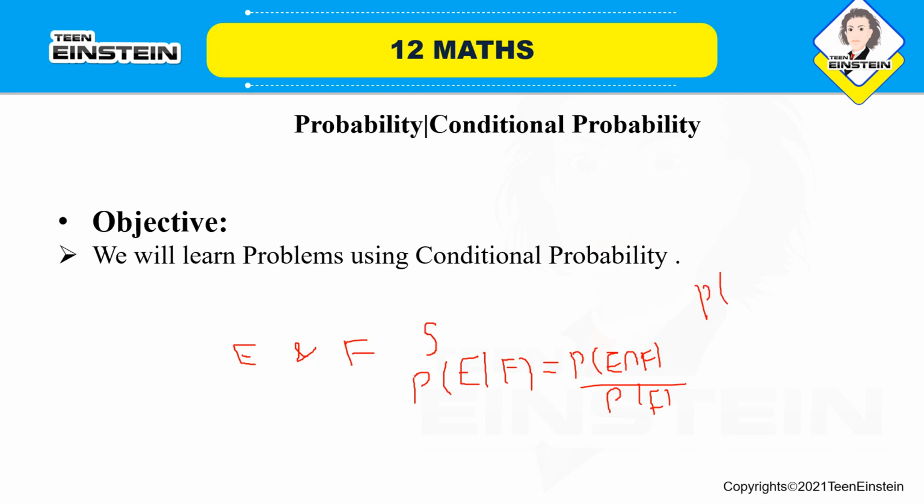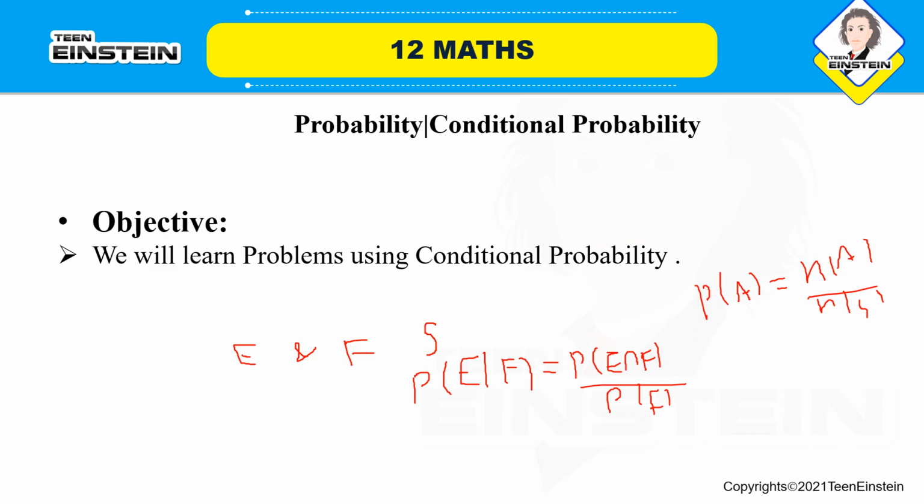In general, suppose A is any event, then probability of an event A is defined as n of A by n of S. That is number of elementary events favorable to A by total number of elements in S. N of S means total number of elements in the sample space. N of A means number of elementary events which are favorable to A. Okay, so that is probability of A.